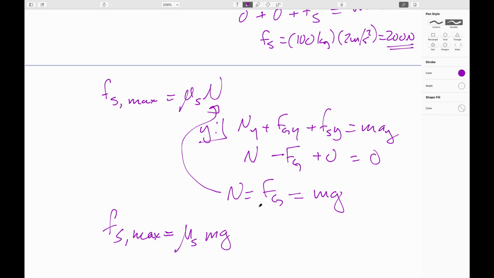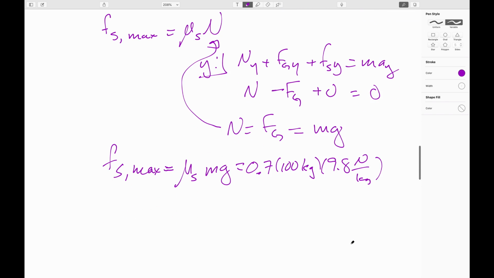Okay, so anyway, we can put in the numbers here. Our coefficient of static friction was 0.7, 100 kilograms, and 9.8 newtons per kilogram for our gravitational field strength. This gets us 686 newtons.